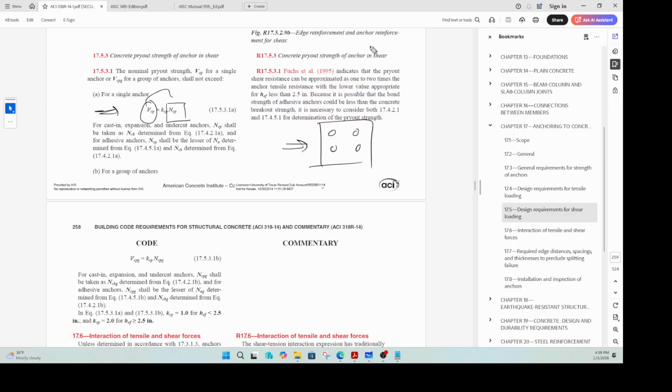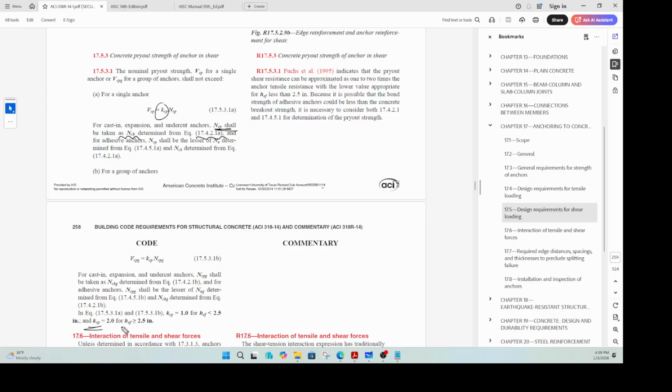N is, like I said, tension, V is shear, correct? So it is based on NCP, and NCP shall be calculated from the concrete breakout strength in tension for this equation. Okay, 17.4.2. You find that, and you multiply that with your KCP value, because we are in this section here. Let's pick up our KCP value.